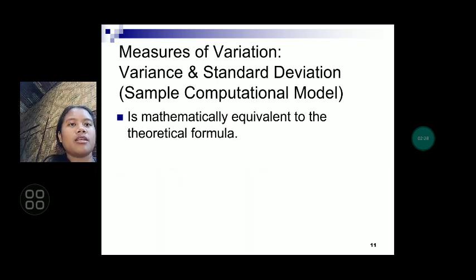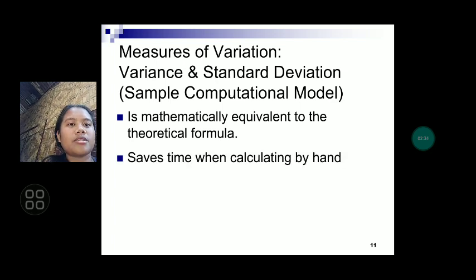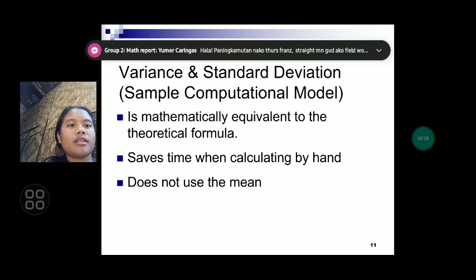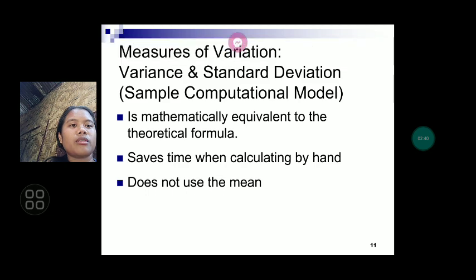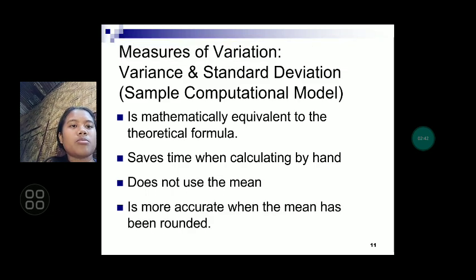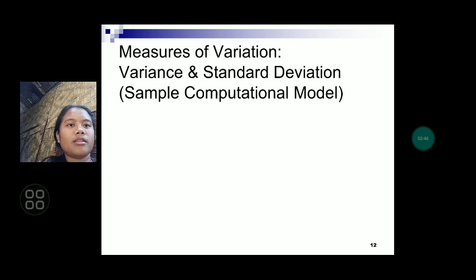Next is the shortcut, mathematically equivalent to the theoretical formula. It saves time when calculating by hand, does not use the mean, and is more accurate when the mean has been rounded.